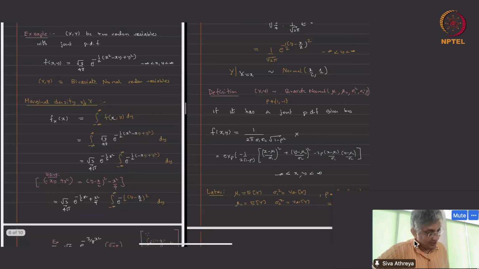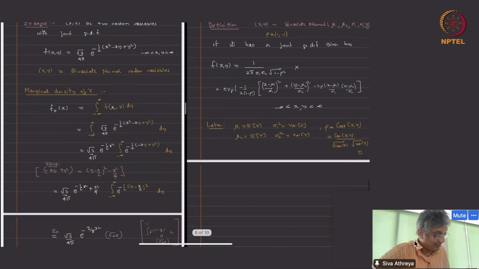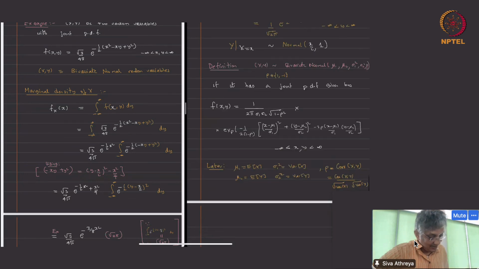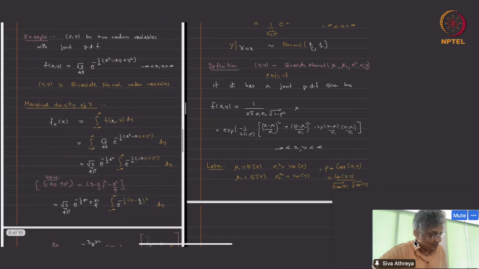Okay. So one can check that this expression right here has the same form as this for some values of rho, sigma 1, sigma 2, and mu1, mu2. I'll let you check that. It's not hard. From this example you can check mu1 is 0, mu2 is also 0, sigma 1 squared is this, sigma 2 squared is this. You can try and compute rho. It's quite nice.